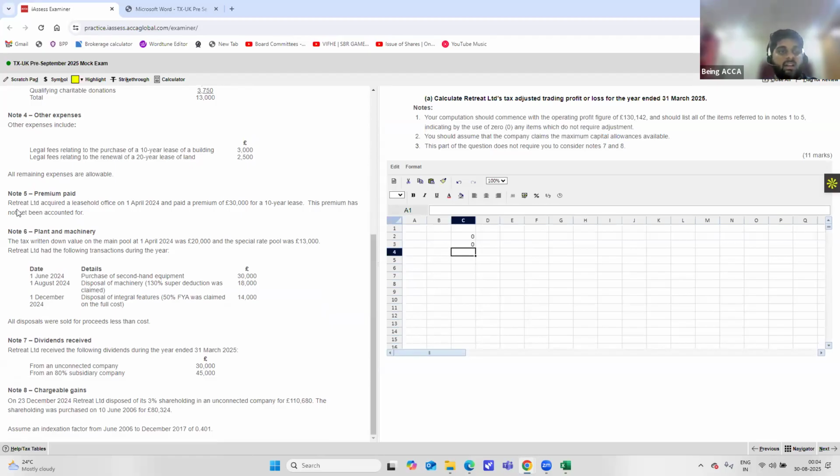Yes. Next, Retreat acquired a leasehold office on 1st April 24 and paid a premium of 30,000 for a 10-year lease. The premium has not yet been accounted for. Is the premium taxable? Allowed? Yes, allowed. But how do we compute the premium? What is the premium computation formula?